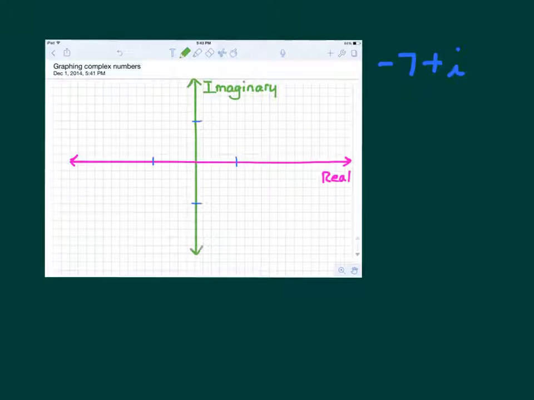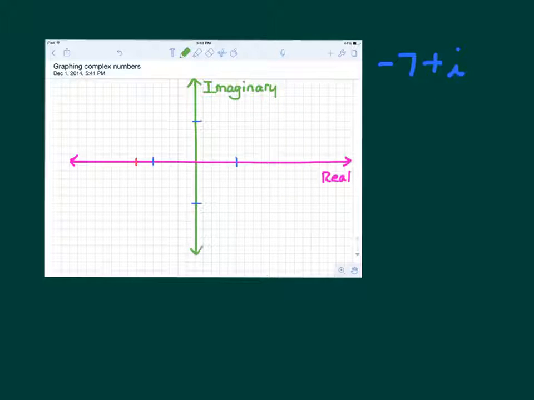Okay, let's graph -7 plus i. -7 is the real part, so we're going to graph it on the real axis. Negative means to the left, and -7 would be right there on the real axis, but that's just the real part.